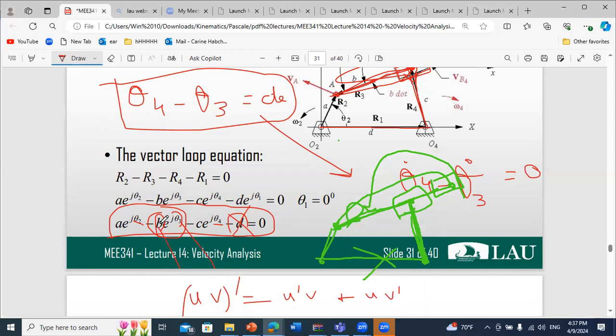So the first term will be minus B dot e^(j theta 3), then minus B times the derivative of this term. This is how you get the total derivative of this vector. While for these two, A e^(j theta 2) and C e^(j theta 4), the only varying factor is the angle. So A, you don't need to derive; A dot is 0.